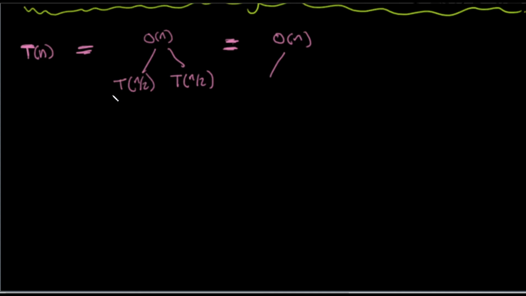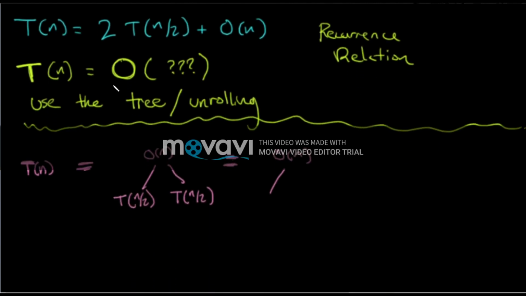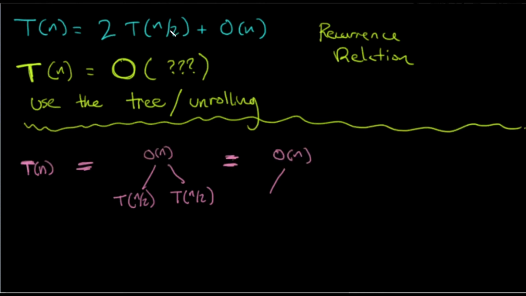Looking at this T of n over 2, we're going to apply this recurrence relation again. T of n over 2, we're going to plug in n over 2 for n. T of n over 2 is equal to 2 calls of what? Plugging in n over 2 for n gives you n over 2 divided by 2, which comes out to n over 4.